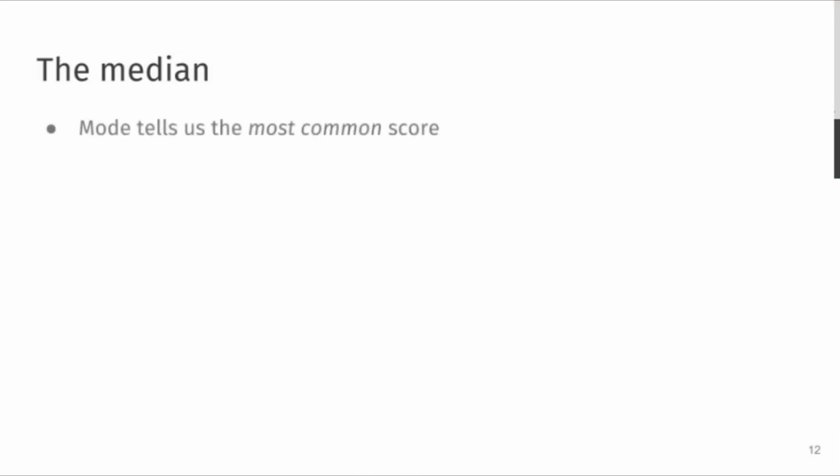Given that we're having a lot of trouble even picking out a mode of this distribution, maybe we should look elsewhere for something that could be a better description of the central tendency of the finishing times for the Virgil Crest race. One such measure we might give is called the median. We talked about this last time: while the mode tells us the most common score, it's tricky if there's no clear winner.